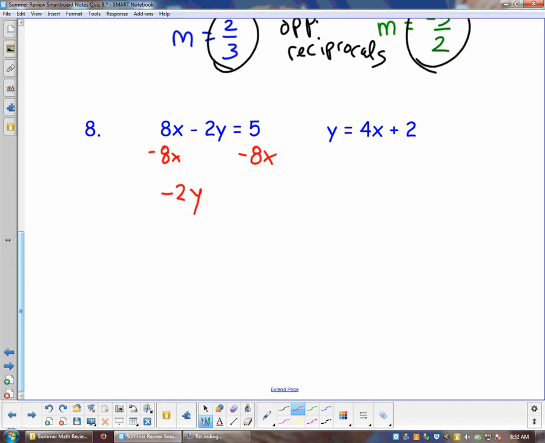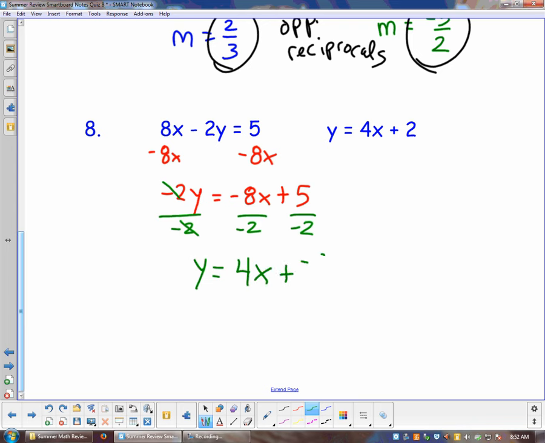So we get negative 2y equals negative 8x plus 5. Then we're going to divide everything by negative 2 so that I can get y by itself. Negative 8 over negative 2 is a positive 4. So I get 4x plus a negative 5 over 2. So the y-intercept is negative 5 over 2, but the slope is equal to 4.